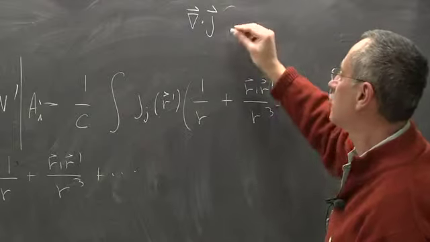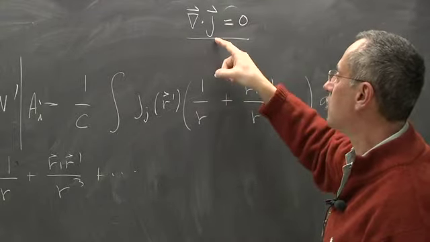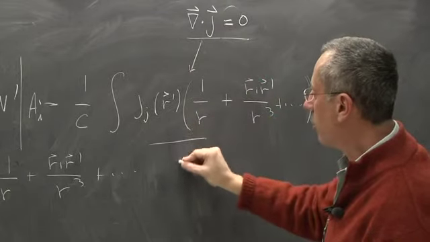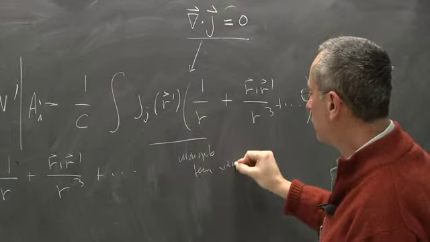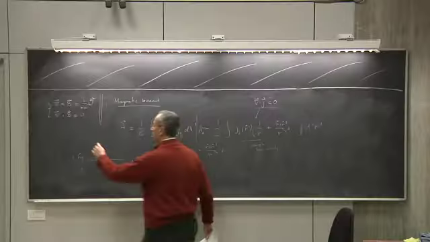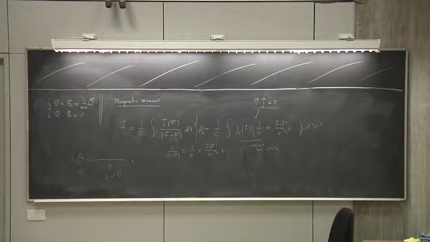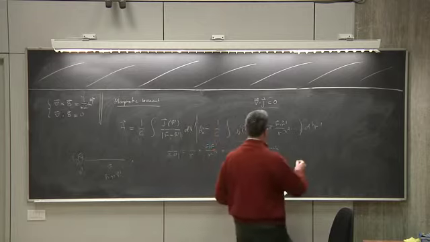But clearly here the charges are all fixed. So you have the divergence of J equal to 0, and that's another way to see that this first monopole term vanishes. Of course it vanishes, the reason is this Maxwell equation, as we said. But another way to see that is there. So you are left with this term here.